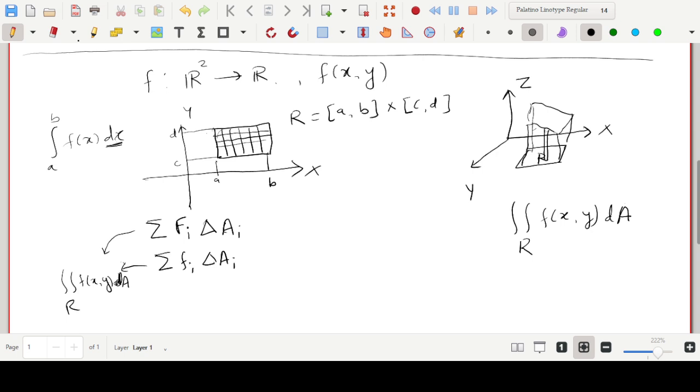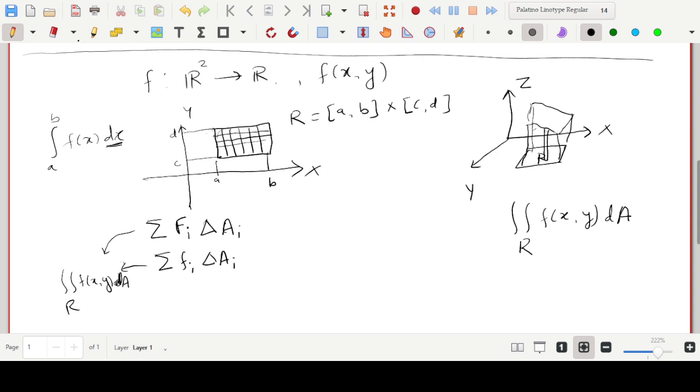Now we have built the theoretical background of the double integral. This is called double integration because here we have used two integral signs, and here the domain is two dimensional, so it is a double integral. The question is how to actually compute.